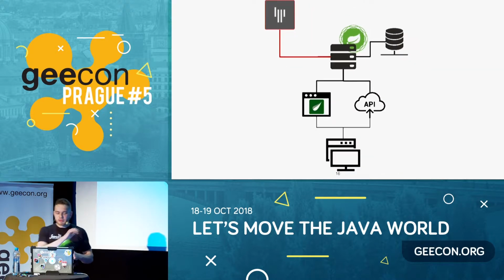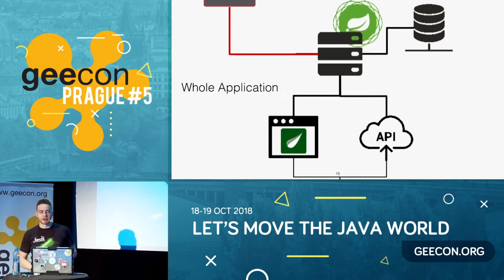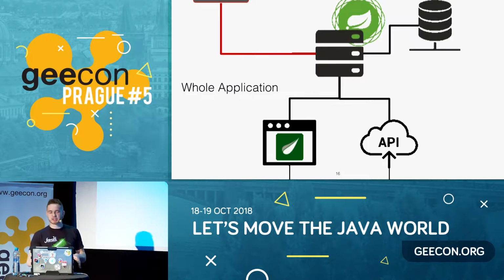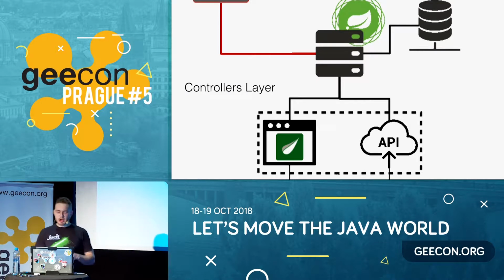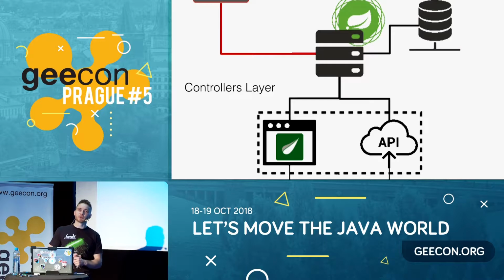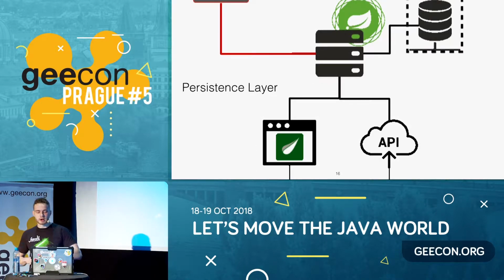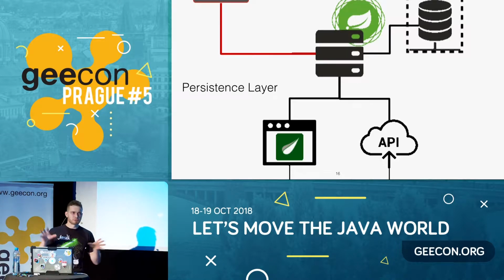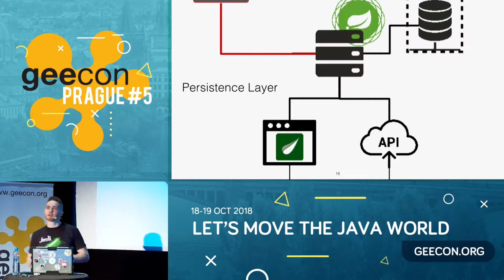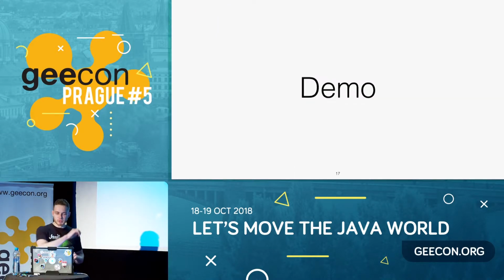And in the middle, we have our web application. This is the central part of our system. Our application consists of a few layers: controller layer, service layer, and persistence layer, right? An everyday and common architecture and technique for building our services and our application.